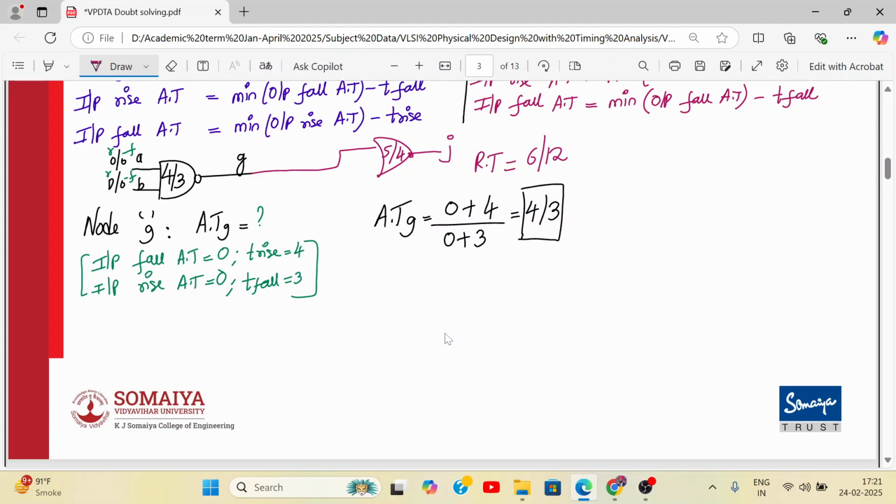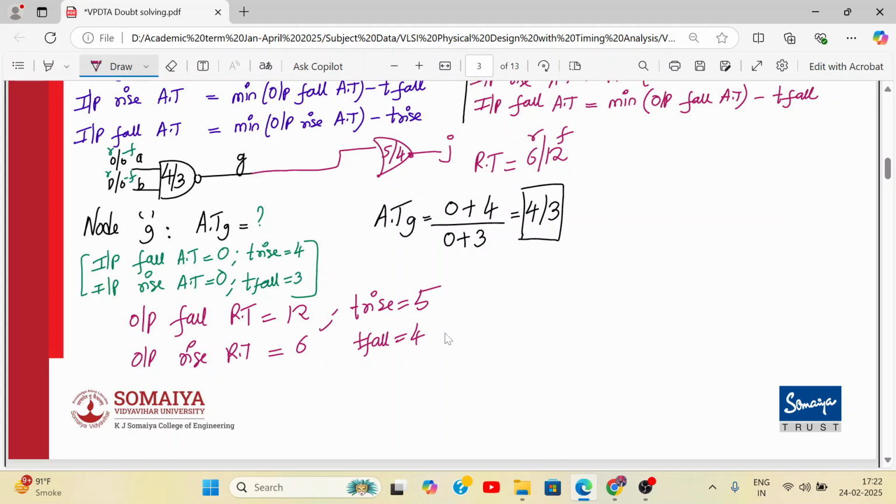So let's calculate the output fall return time. This is rise, this is fall. So this will be 12, output rise return time. This will be 6. Then what will be the rise delay? T rise is 5, T fall is 4.